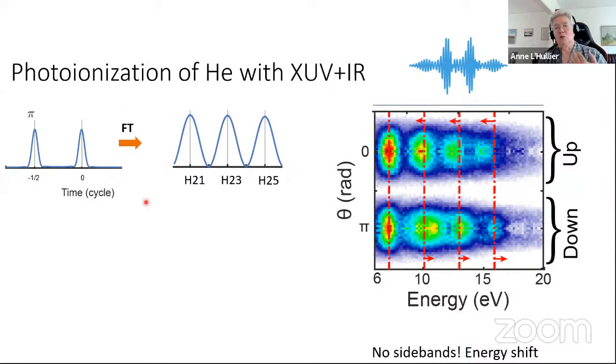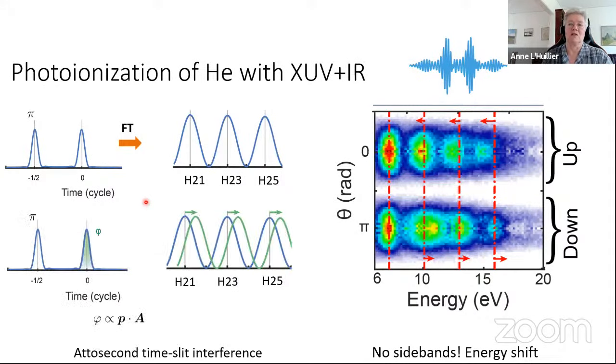Now, what happens when we add the infrared field? What happens is actually you phase shift one of the pulses relative to the other. And if you have a phase shift on one of your slits, then you get a shift of your interference pattern, as is well known, for example, in the double slit experiment.